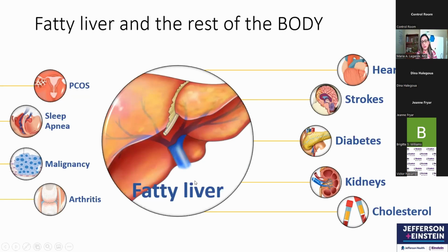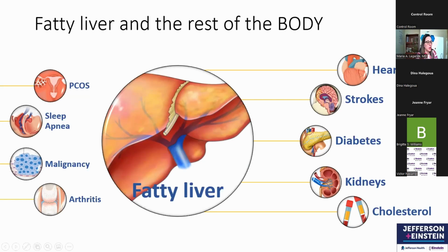So again, we try to put it all together and identify which conditions are linked and which are playing the biggest role. By controlling one, we may be able to help the others, and so forth. In the same way that they're all interconnected in causing disease, controlling them in an interconnected way is also important to treat fatty liver.